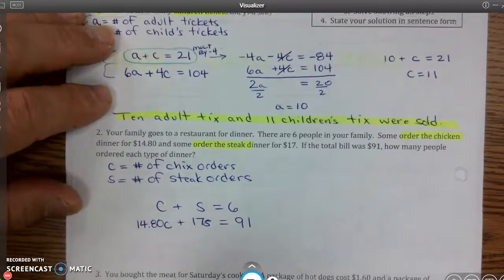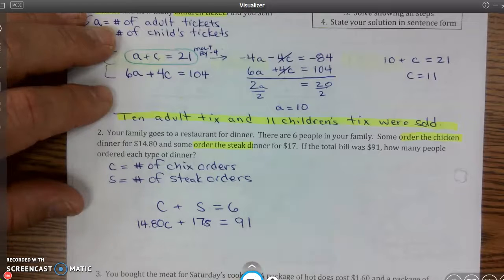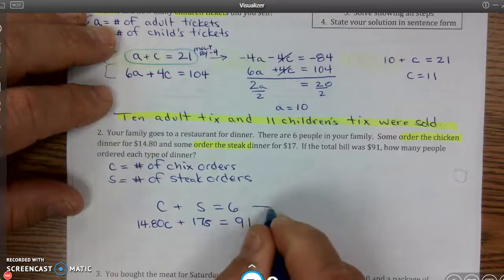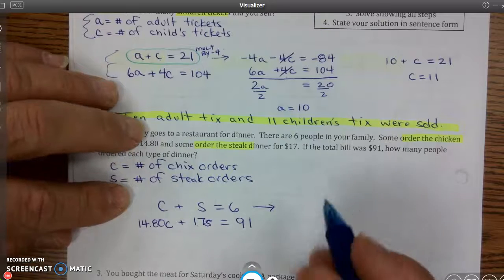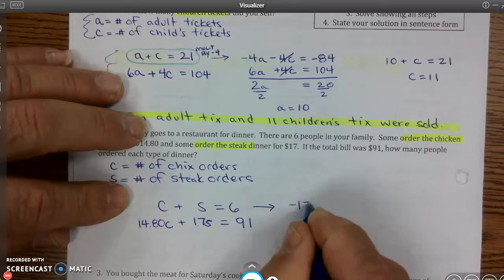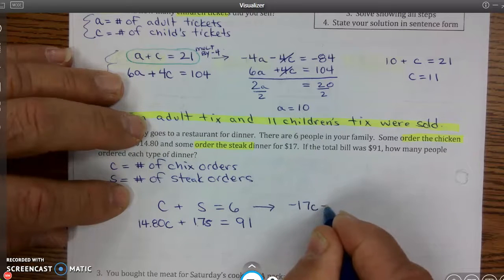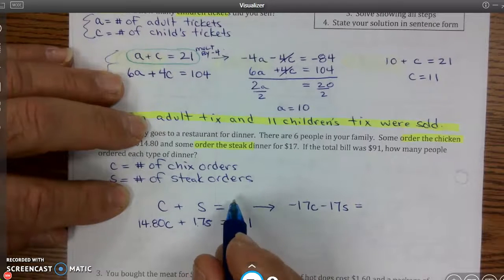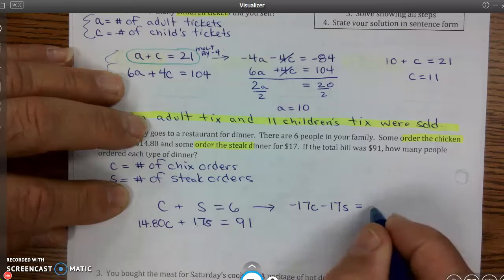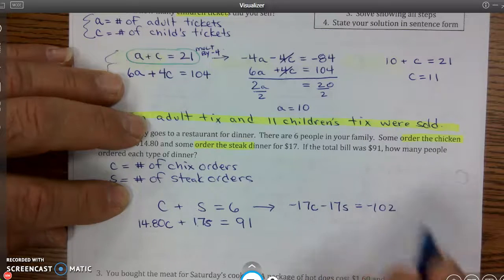Now all I need to do is multiply this top equation by negative 17 so that it'll cancel out right here. Negative 17C minus 17S equals, what's 17 times 6, everybody? 17 times 6 is 102, negative 102.